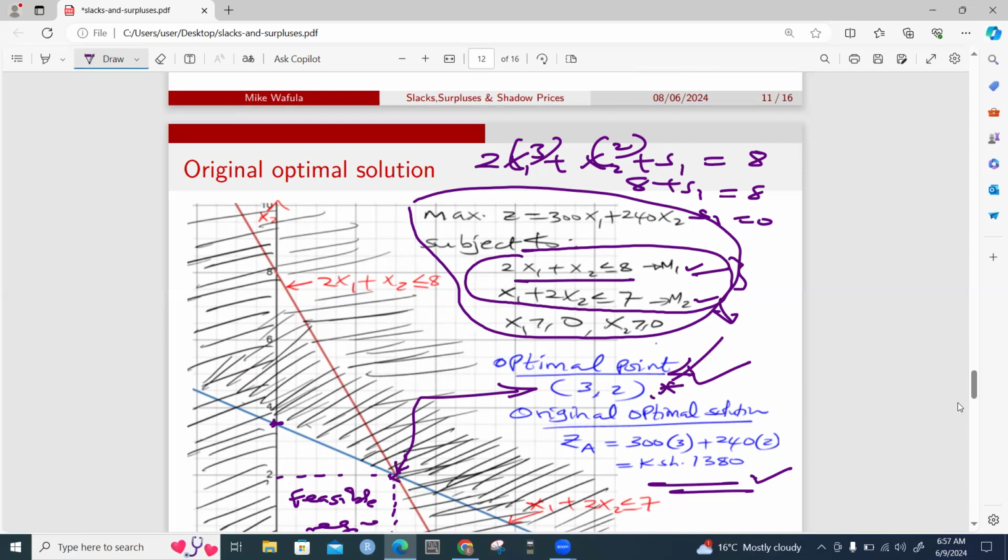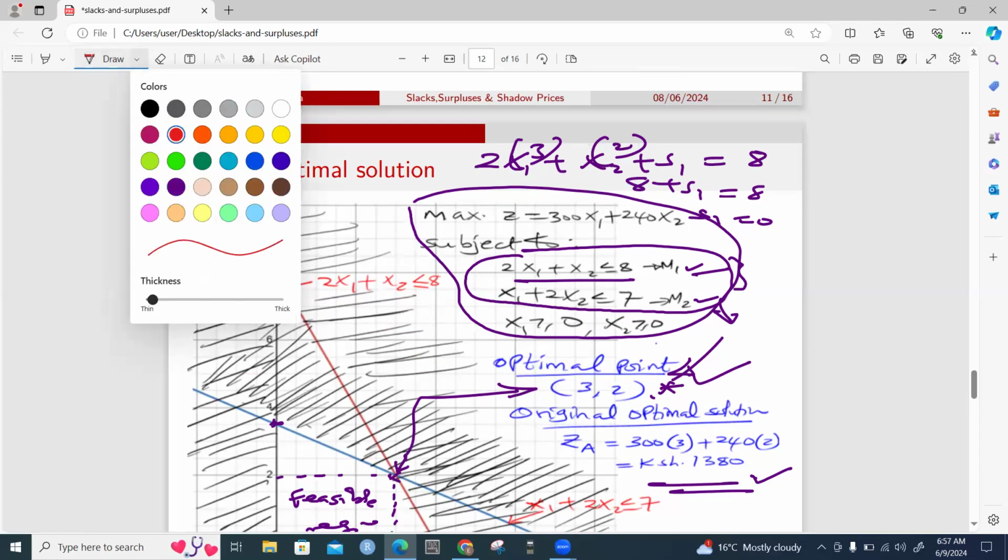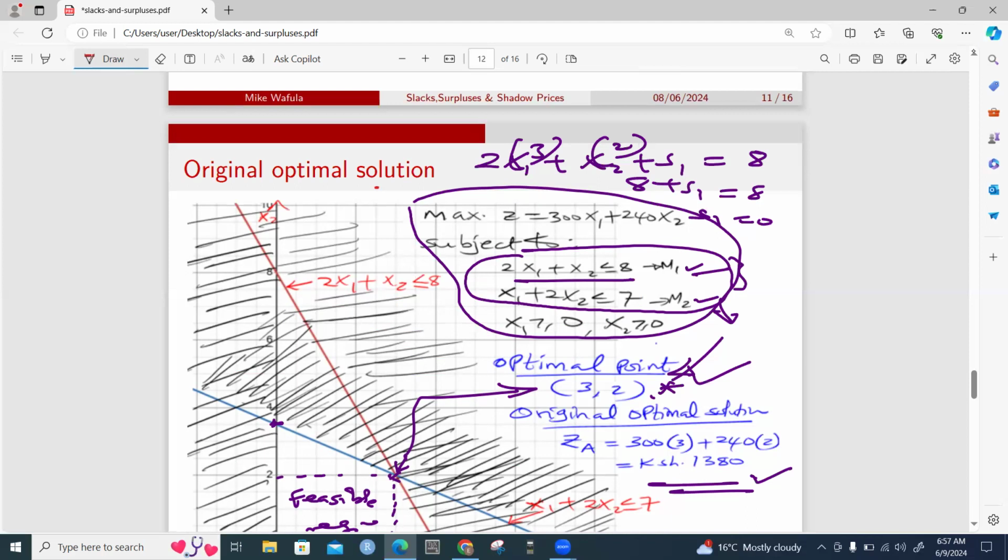So let's see. For us to do that, we have now to just modify. You have to increase, because you're now doing the sensitivity analysis if you want to get the shadow price for machine 1. So for machine 1, the right-hand side of the constraint is 8. So I need to change this 8 to, let's say, 9, an increase of 1 unit, so that it's 9.